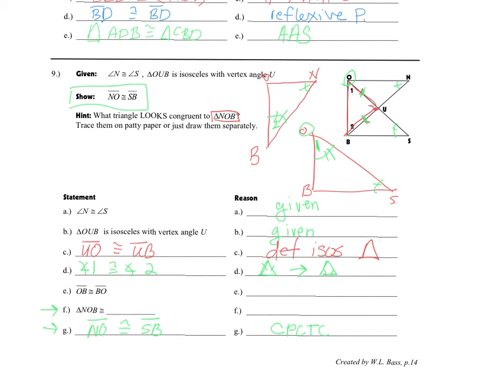So I was given angle N congruent to angle S, and I now have angle 1 congruent to angle 2. And if we look at what happens here on this side right here, this is that side here and here. And so our next thing says that segment OB is congruent to segment BO, and that is reflexive.